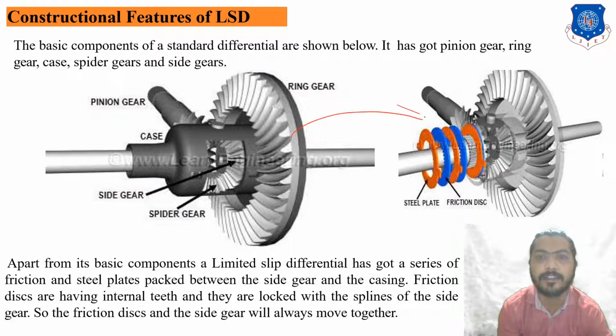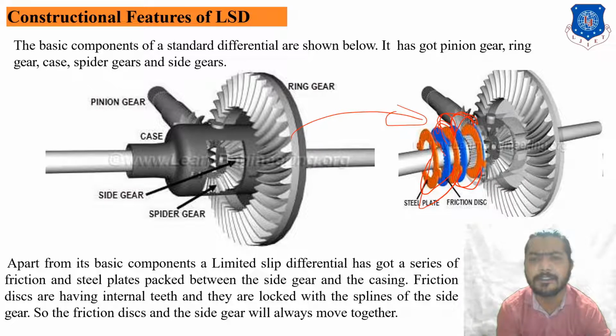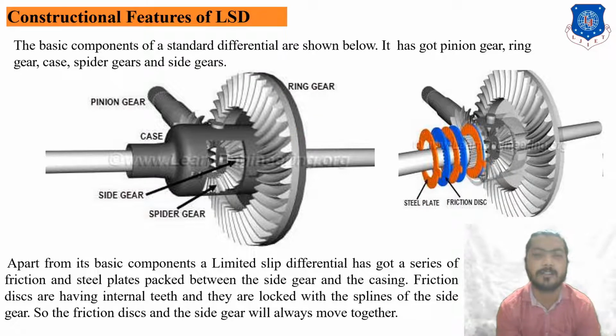This is the open diagram of the LSD. The brown ones are steel plates, alternating, these three are steel plates, and these three are friction discs. This is used in the LSD mechanism, which is why it is known as clutch based.